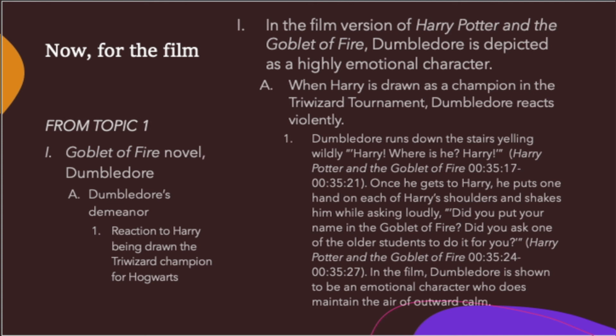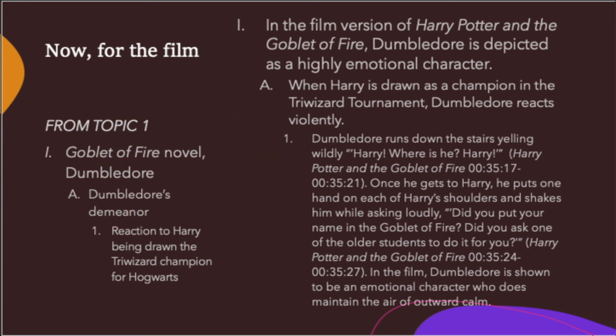And then of course, in each of these paragraphs, we would have another example that shows Dumbledore being calculating, I guess is a good word too, or waiting to make judgment, however you want to phrase it, for the previous topic. And then for this topic, we would provide another example about how Dumbledore is a highly emotional character. Okay? So we want to make sure that things mirror, and that's what I mean when I say they mirror, right?